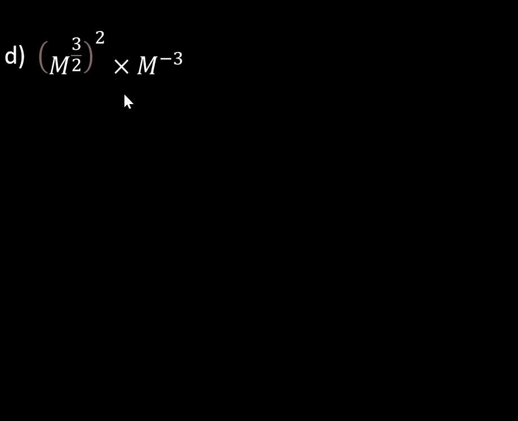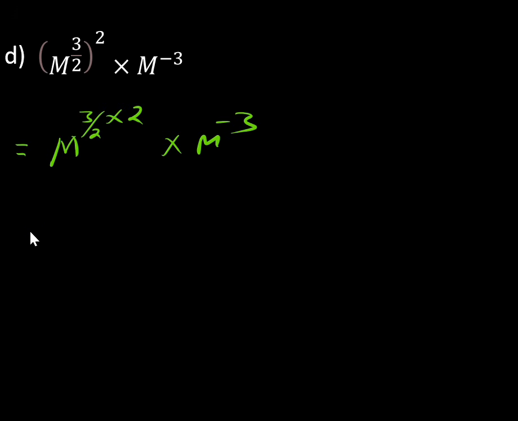You can also try this one. Pause the video and try. Here we have m raised to power 3 over 2, squared, times m raised to negative 3. I'm going to apply the laws of brackets, power over power. So simply, we take what is inside the bracket, m, multiply the power. So it will be 3 over 2 times 2. Here we have multiplied by m raised to negative 3.